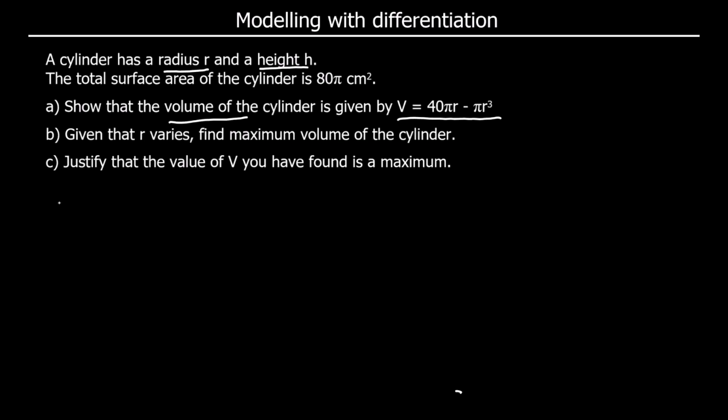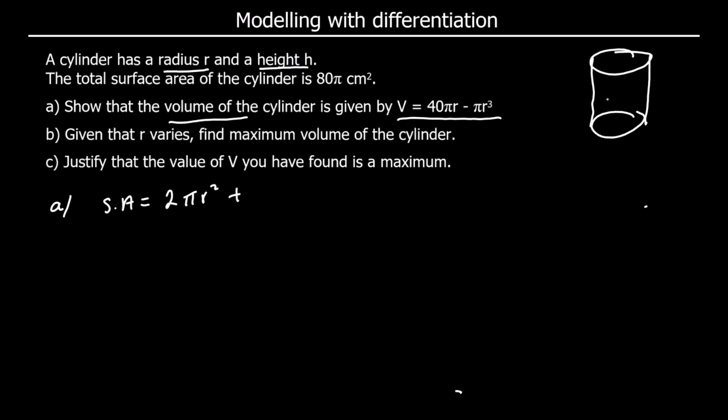So it's a cylinder. So the surface area. We've got 2 circles at the top and the bottom. Both of those are pi r squared. So we've got 2 pi r squared plus the curved part, which is a rectangle.